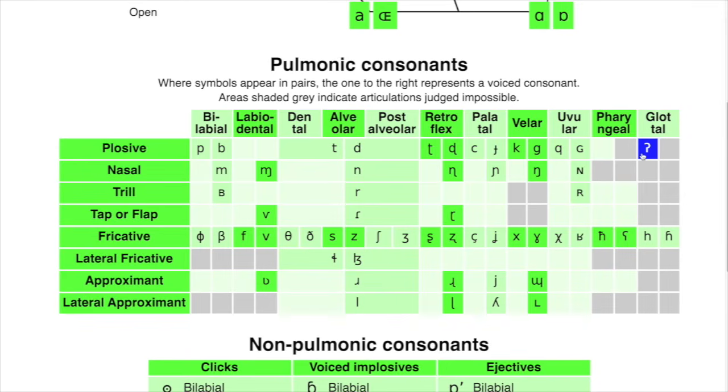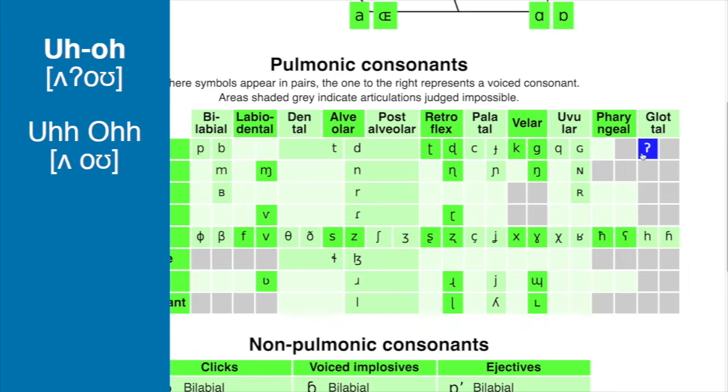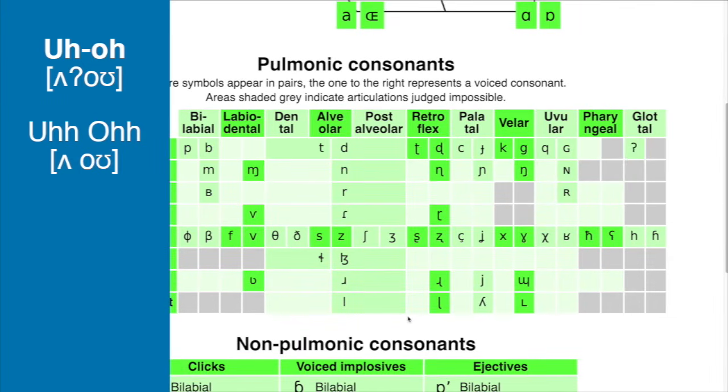But the typical explanation of this sound is that it's the space in between the vowels in the word uh-oh. All right, when I say uh-oh, that's just two different vowels. But when I say uh-oh, that's two vowels separated by a consonant or a glottal stop.